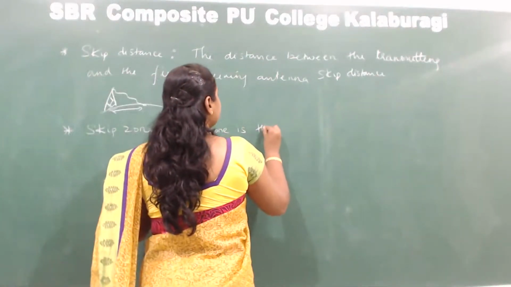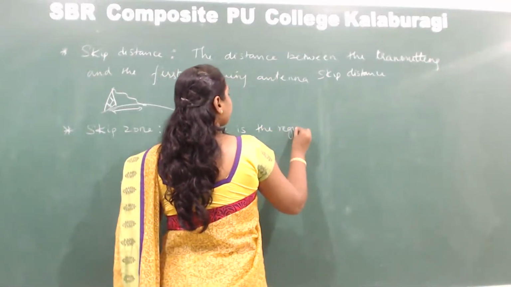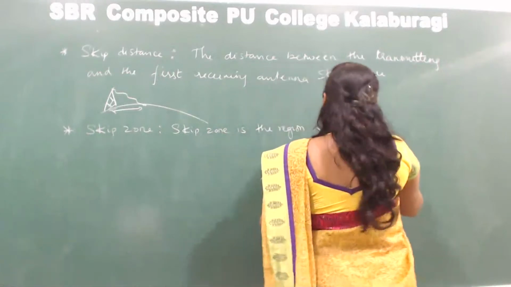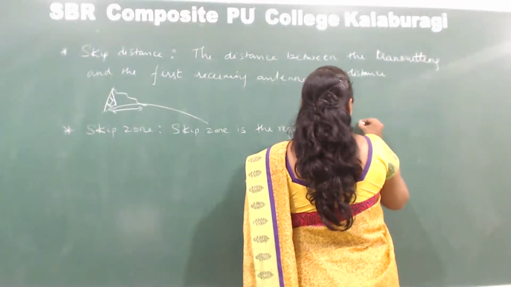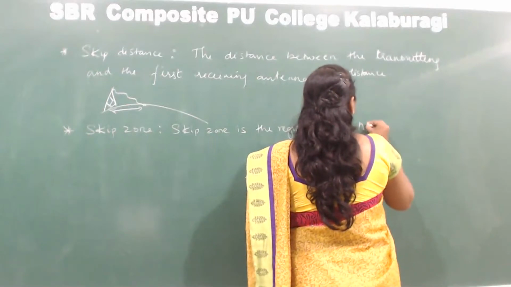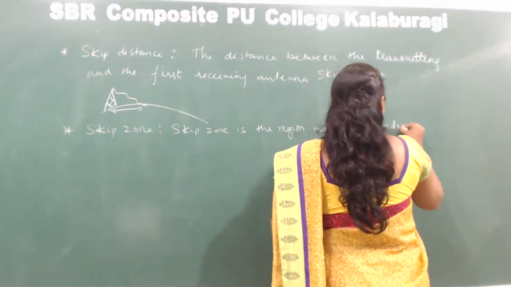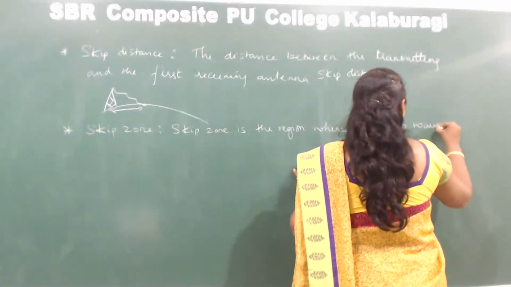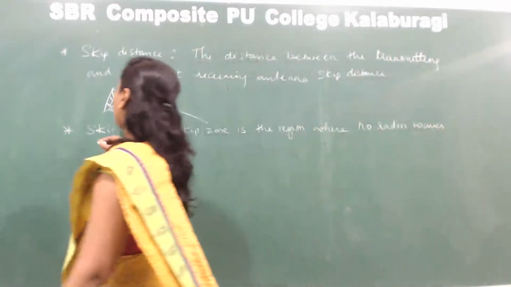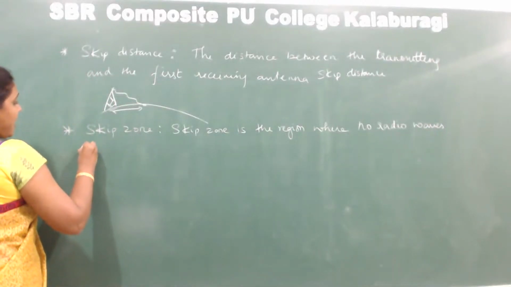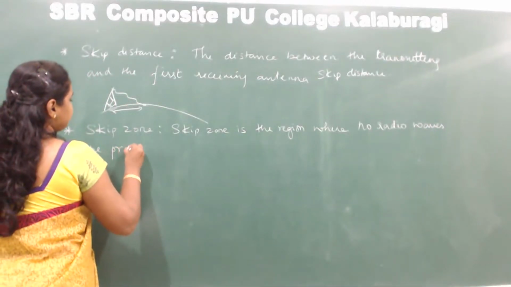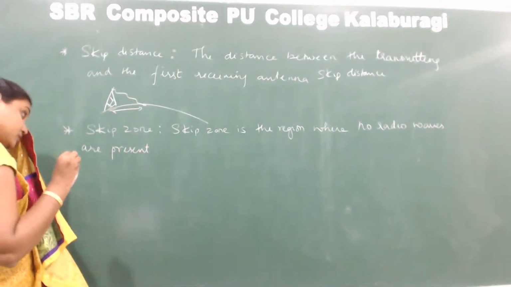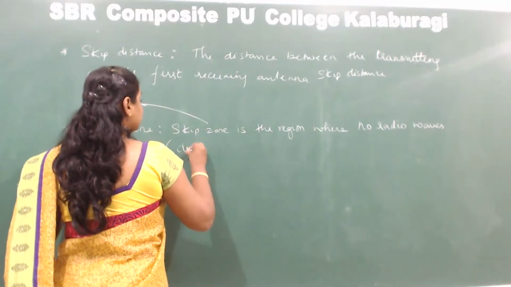Skip zone is the region where no radio waves are present or exist.